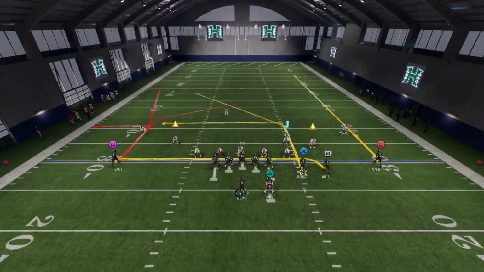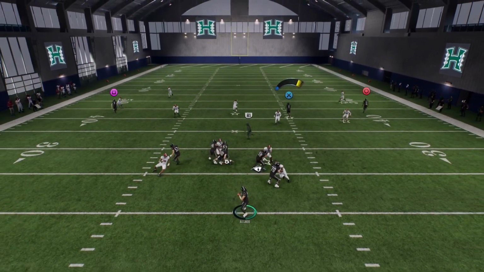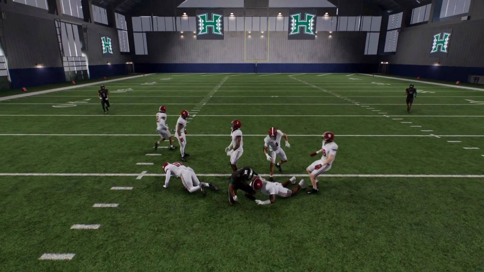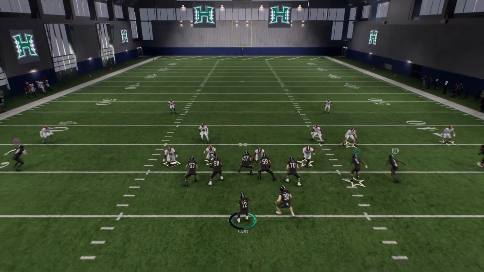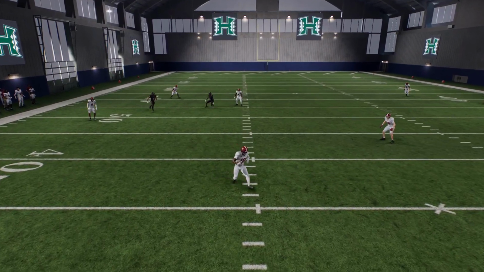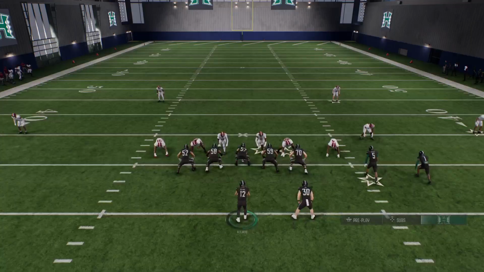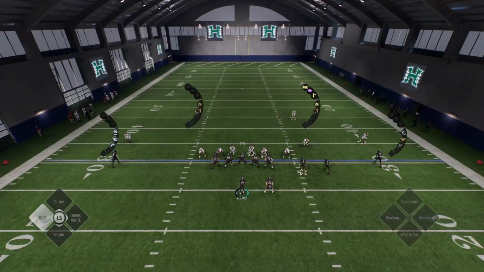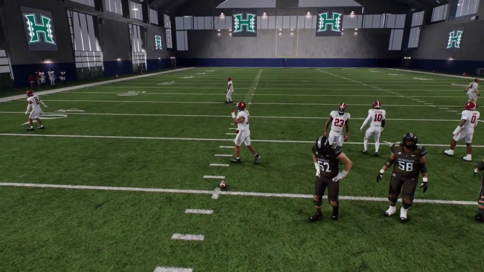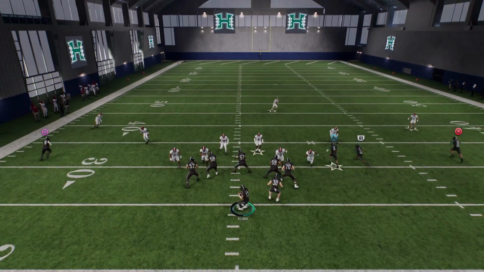Watching that drag, let me see. This is cover two invert. Let's see. Yeah, see, it's gonna be because he's playing. Let's go to the boundary with it and see how the cornerback plays it now.